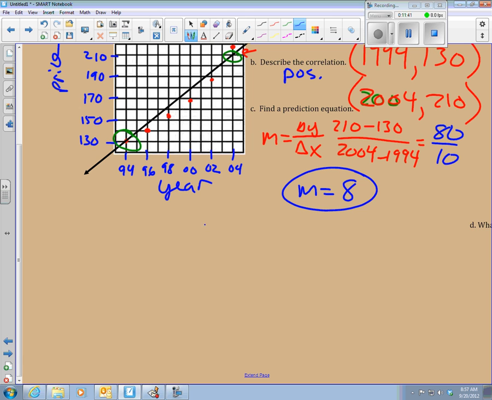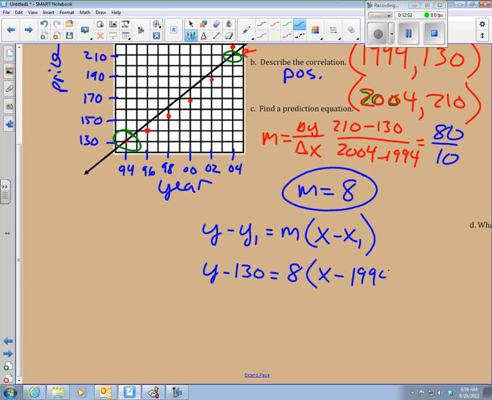Plugging in our information, y minus y sub 1 equals m times x minus x sub 1 into point-slope form. I think I would use y minus 130 equals 8 times x minus 1994, and then multiply.